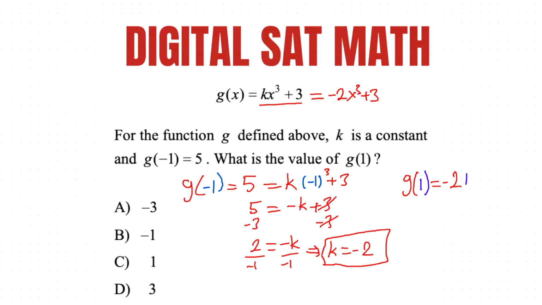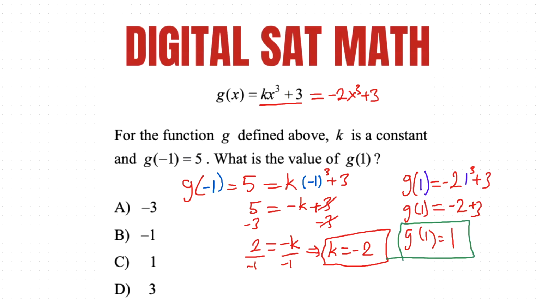Sorry about that. I'm trying to be consistent here. So g of 1 will be 1 to the power of 3 is 1, multiplied by -2 is -2, and plus 3. If you add -2 and 3, you will have +1 as your final answer. So our final answer is +1 for this problem.